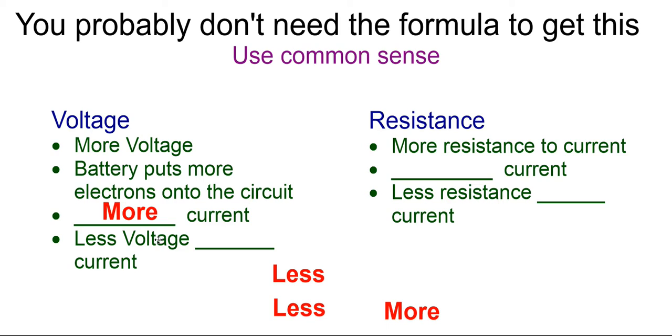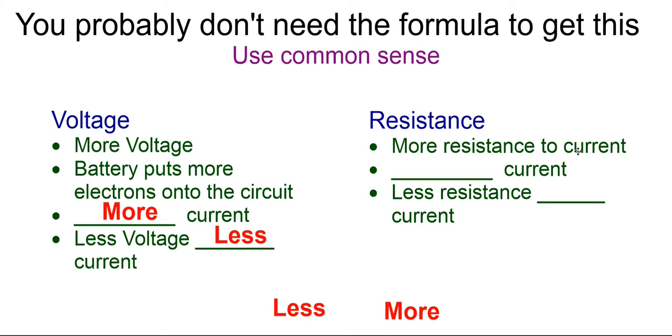Now if we say less voltage, that's fewer electrons being put on the circuit by the battery. That, common sense wise, is going to be less current, isn't it? So the more voltage, the more current. The less voltage, the less current. On resistance, well, what is resistance? It is resistance to current. It opposes current.